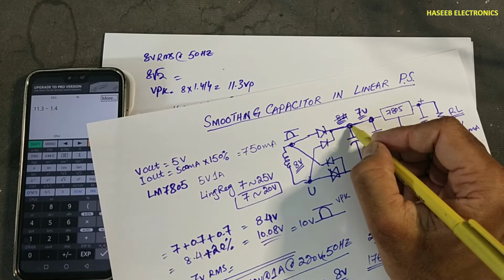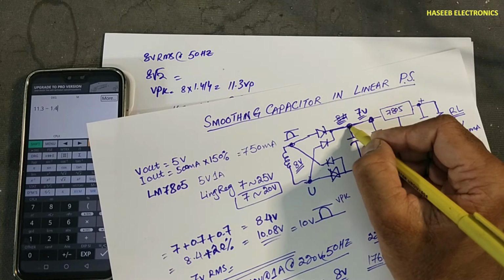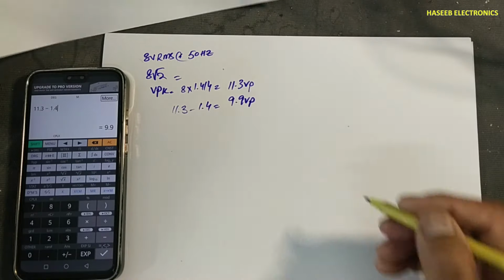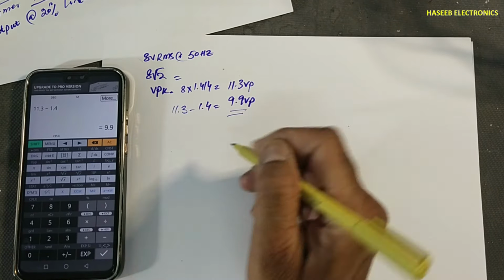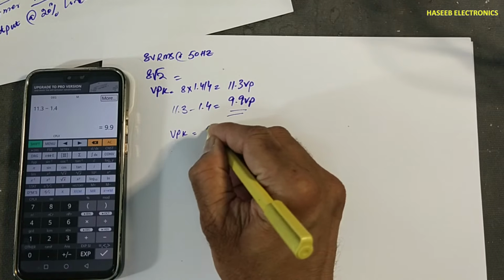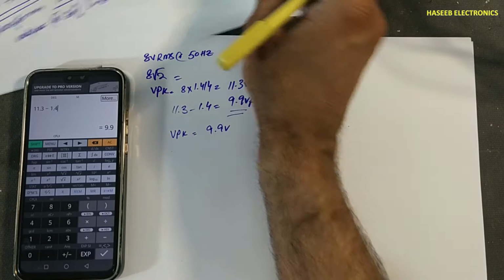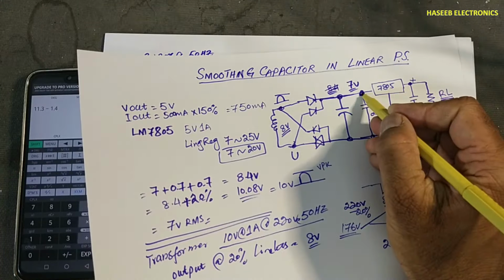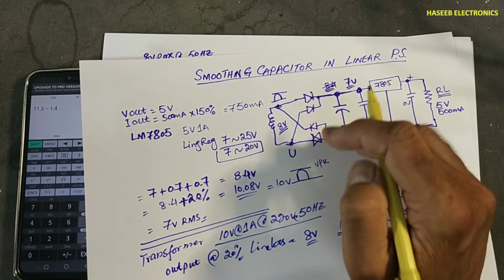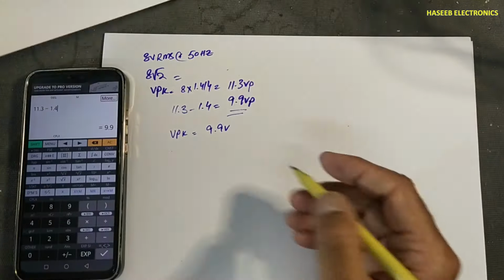We can say the level here at this capacitor end, the peak will reach 9.9 volt. That is V peak high. And our allowed dropped line is 7 volt, that is the lower level for this regulator.